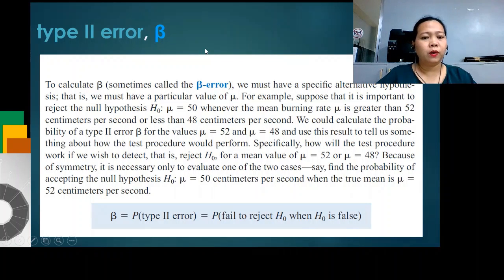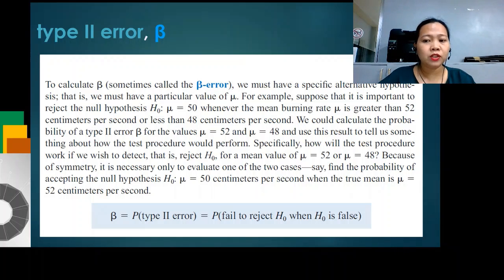Okay. Type 2 error, we call it beta error. We must have a specific alternative hypothesis, that is, we must have a particular value of mu 1.